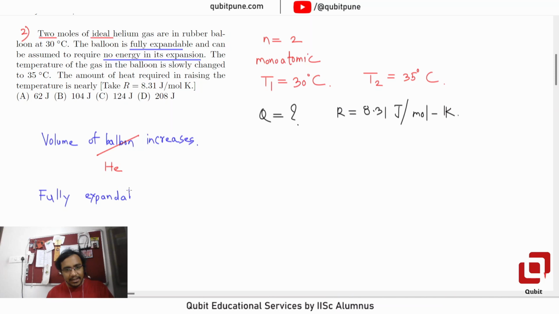Now we need to correctly interpret these words. Fully expandable means what? Fully expandable refers to expansion taking place at constant pressure.